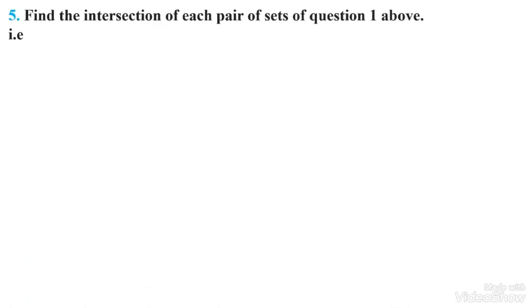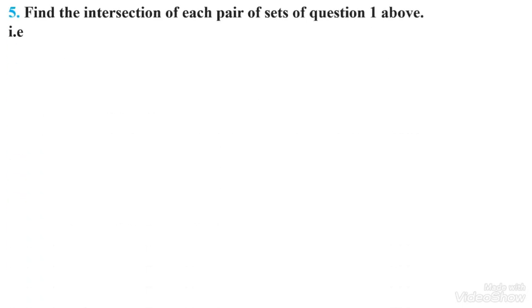Okay. Now, let us move on to the fifth question. Find the intersection of each pair of these sets of the question above. For the first question, we have to check the intersection. Okay.